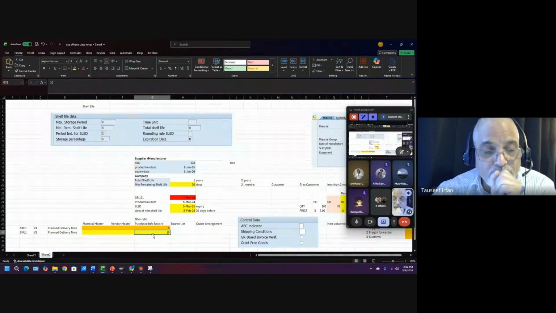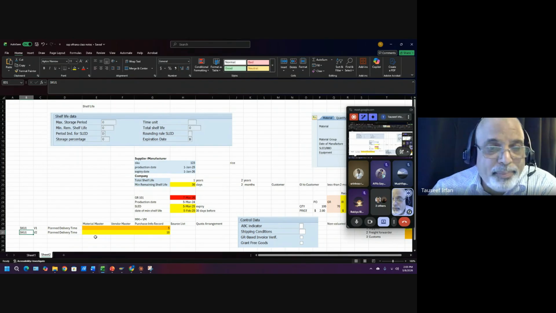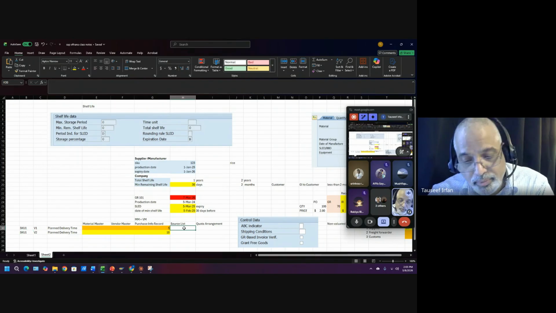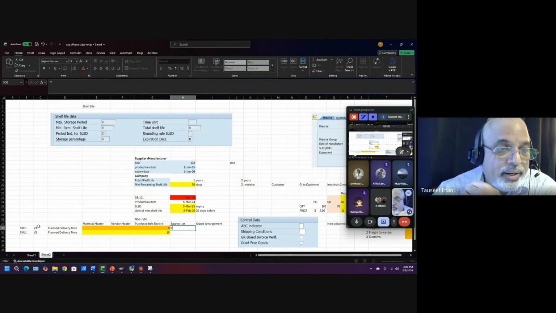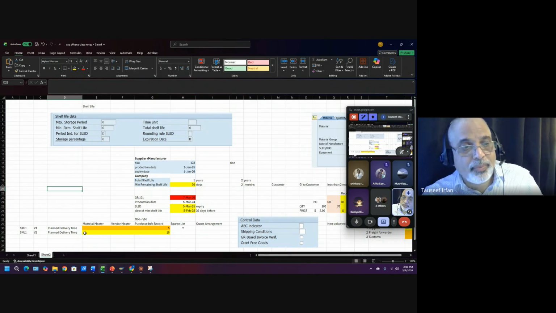Understood this? Okay, so now you have the material-vendor combination. Now I'm saying that my preferred vendor is, let's say, V1. For example, I'm putting vendor 1 as the preferred vendor. How do you do that? In the source list. Agree, Rabia?